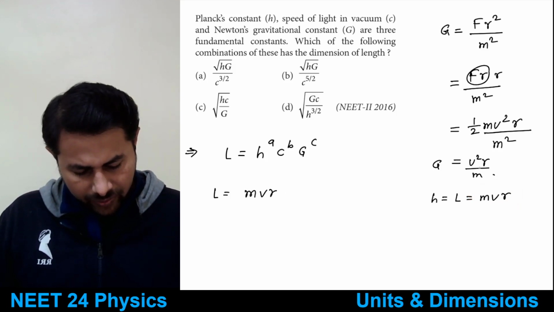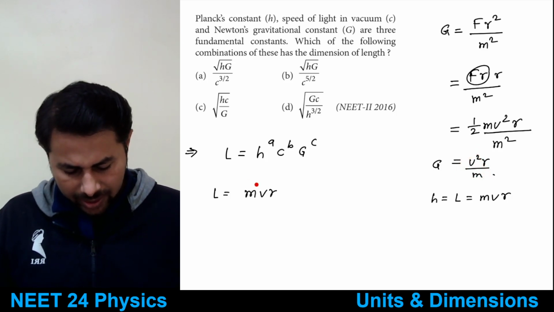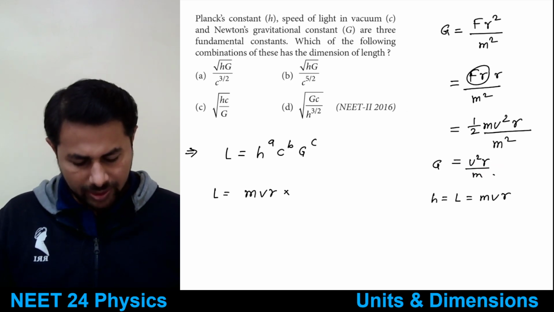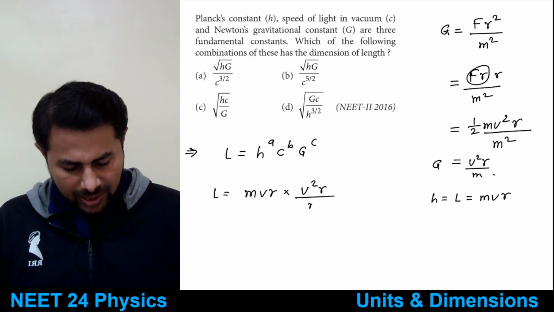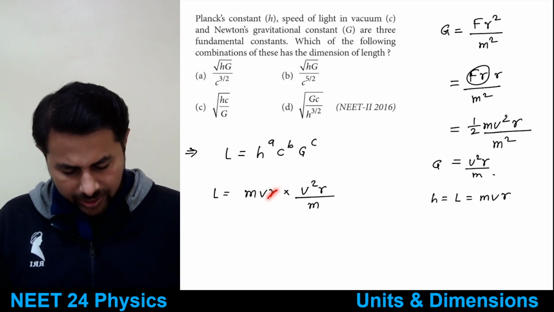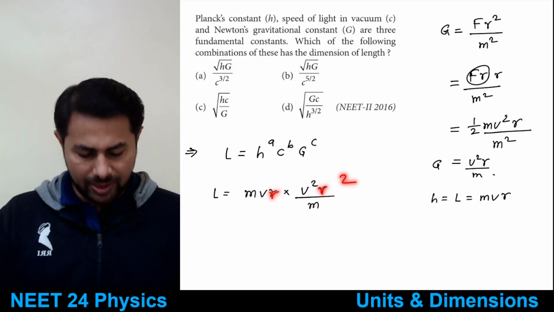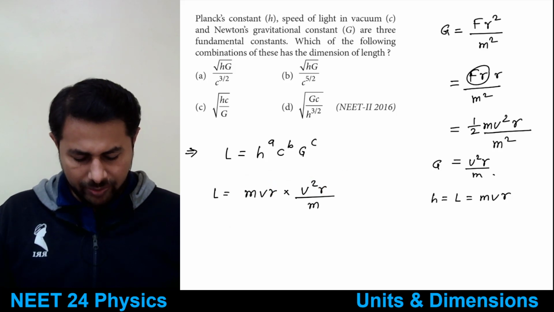So then I have v square r by m, and I also want to cancel out m, right? I also want to cancel out m. So what I will do is mvr, I will multiply with this thing, v square r by m. I don't have any problem with r because it will just add up, its square will be there, okay. So then we can just take the square root if we want.